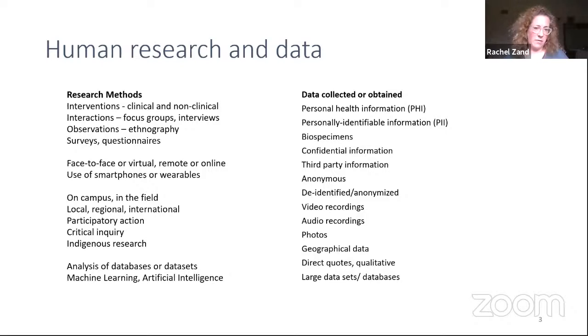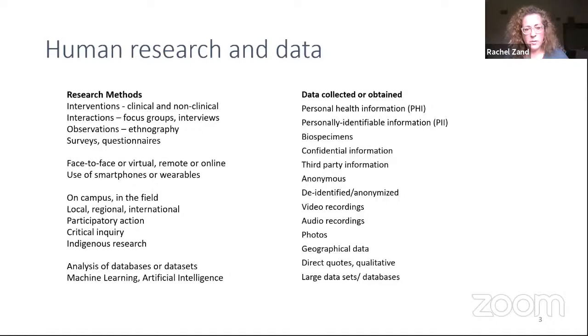We have research involving recordings, either video or audio, which has become commonplace now that everyone has phones with that capability. Photos, and there's a methodology called photovoice, whereby usually participants are given cameras or are told to use their phones to take pictures that represent how they feel about a certain situation or are evidence of their circumstances.